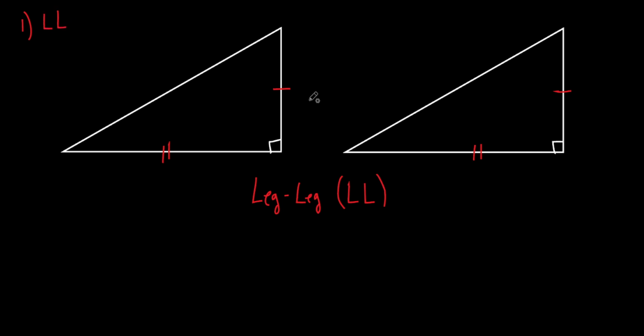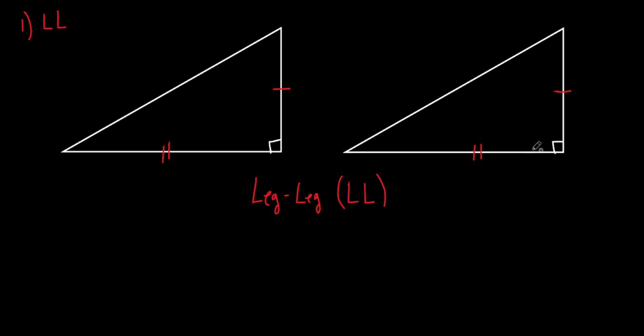Leg, that's right. If I got one leg equal and then a second leg equal, do you have any other legs on this triangle? Nope, you only have the 2 legs. So if both legs of one triangle equal both legs of the other triangle, then these triangles are congruent. You could have said side, angle, side, but the question on a test or a quiz is going to be specific: what right triangle congruence theorem are you going to use to prove these two triangles are congruent?